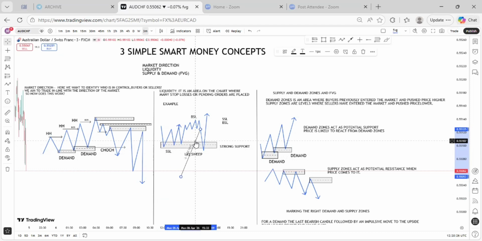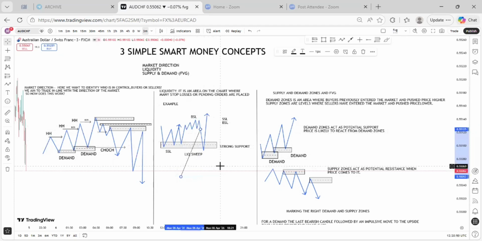Don't rush in. Allow the market to take out the stop losses first. I really hope this has been handled very well.